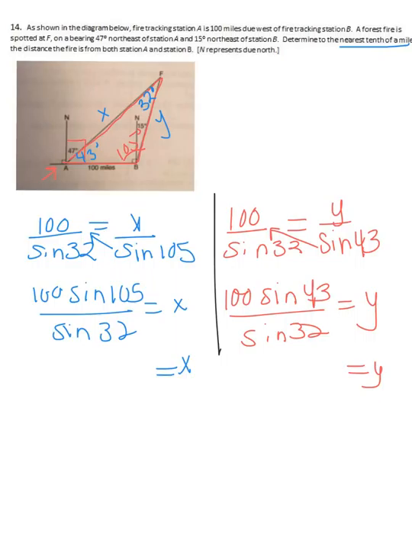So on the left, to the nearest tenth, I get 182.3 miles. And for my y, I get 128.7 miles.